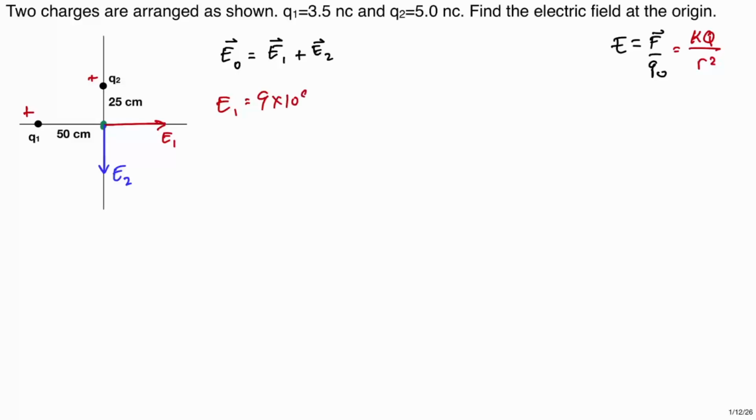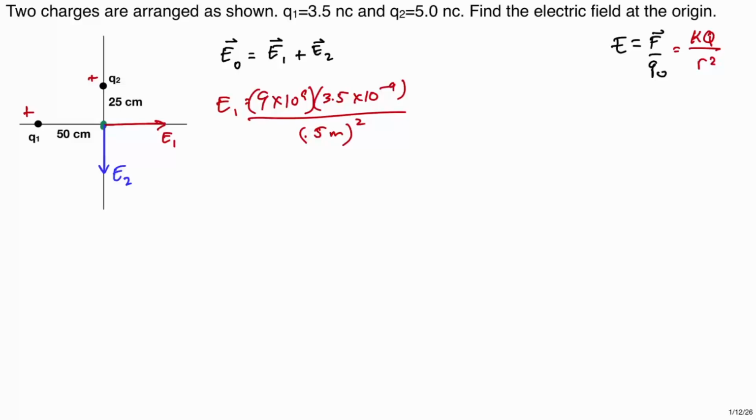9 times 10 to the 9 times Q1, 3.5 times 10 to the minus 9, because that's a nano right there, all divided by... how far away is charge number 1 from the origin? 0.5 meters. 50 centimeters, 0.5 meters.